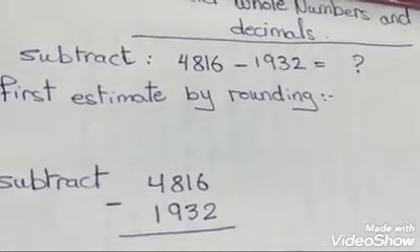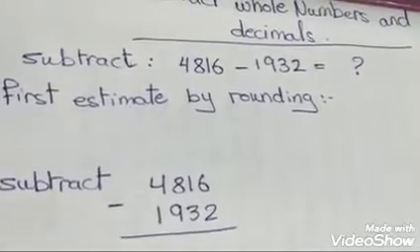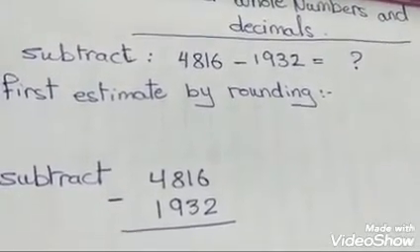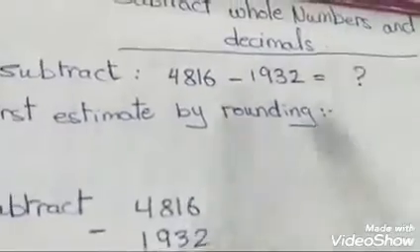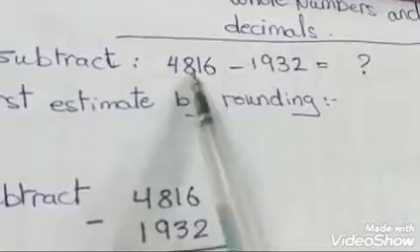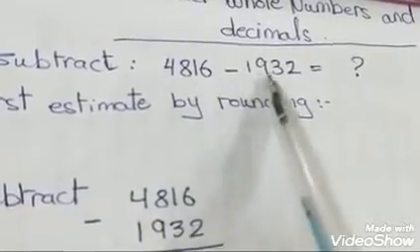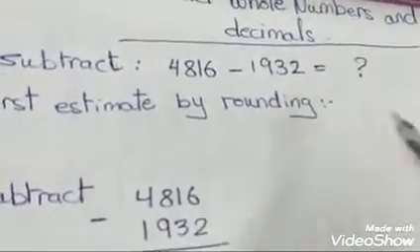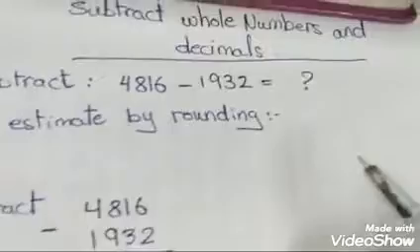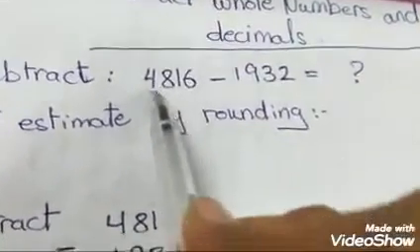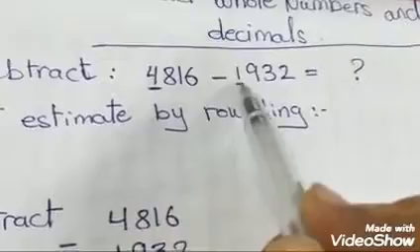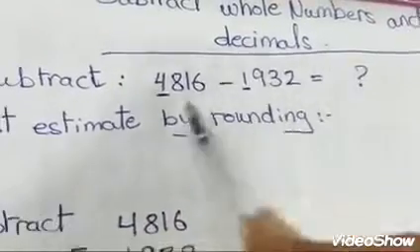So what about subtraction? It's the same, but instead of increasing the number, it will be reduced. So subtract 4,816 minus 1,932. First, I have to make an estimation by rounding these two numbers to the nearest thousand. The 4 and the 1 are the digits of thousands.